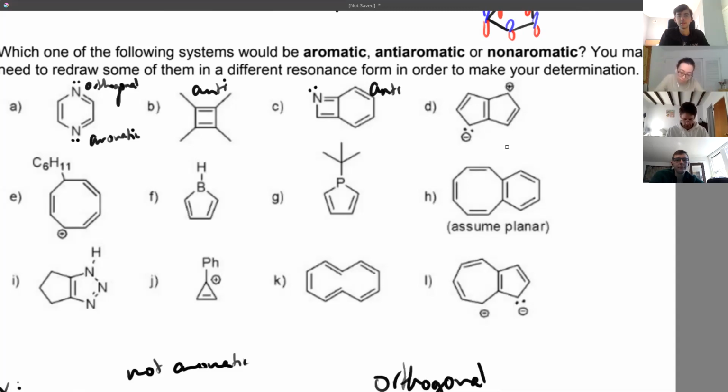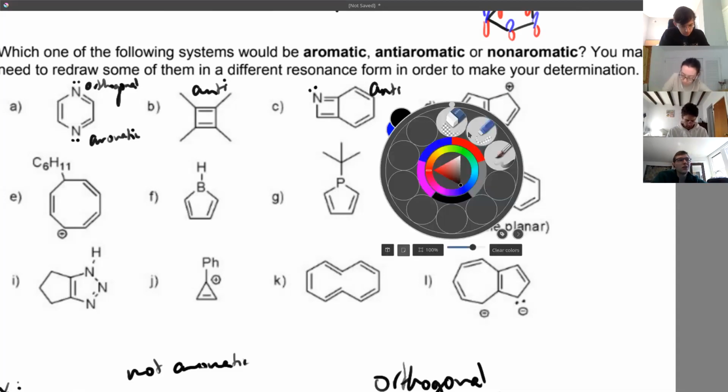Yeah, I agree. It has 8 electrons, and this has to be in a p orbital, and this positive charge or lack of electrons also has to be in a p orbital. So they're all sp2 hybridized all around. They're all next to each other, so they're conjugated, and there's 8 electrons. Okay, it's anti-aromatic.